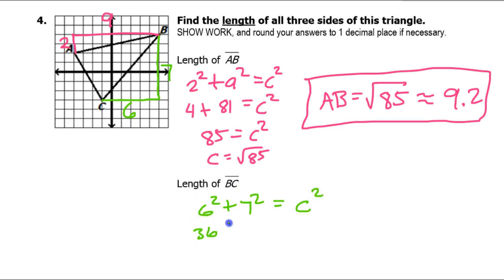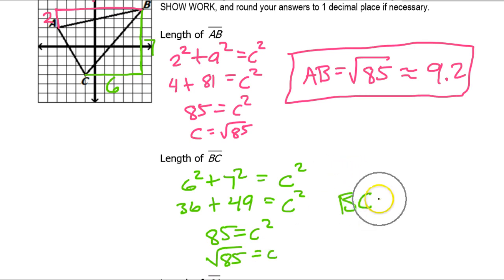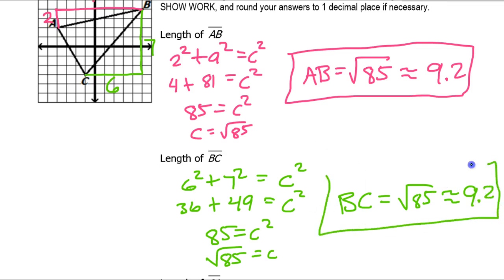So that's 36 plus 49 is equal to c squared. So that's going to be 85 again. So 85 is equal to c squared, which means the square root of 85 is equal to c. We just found out that the length of segment BC is the square root of 85, which we already know is approximately 9.2.